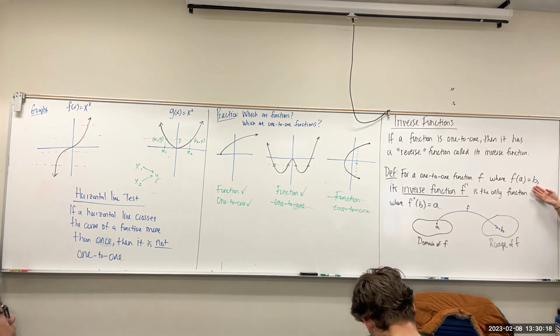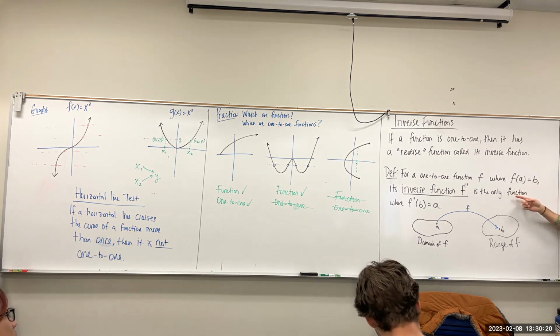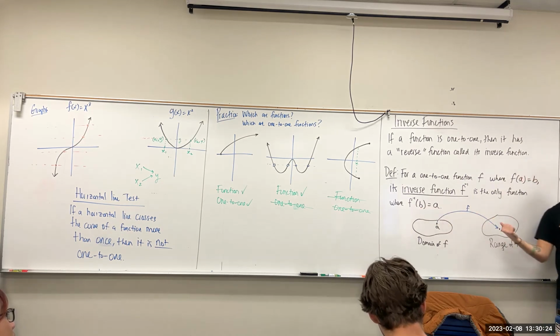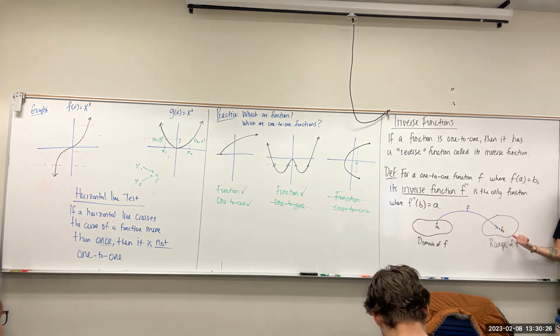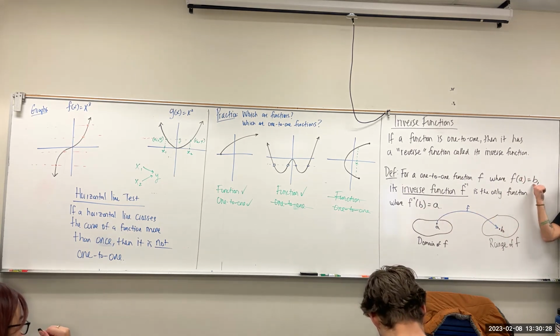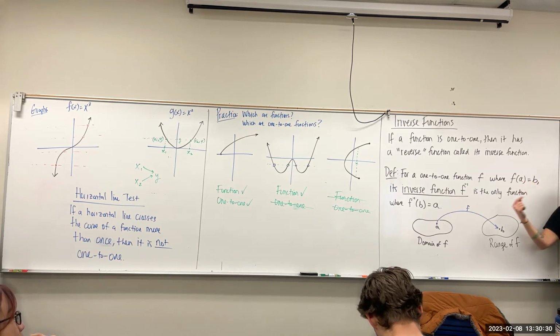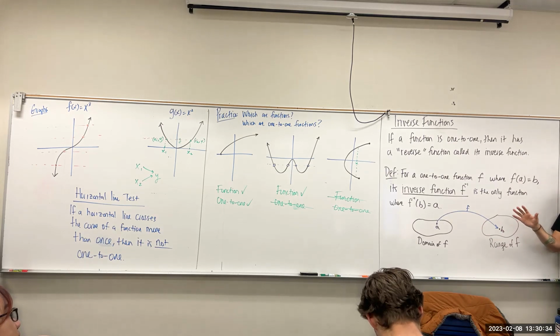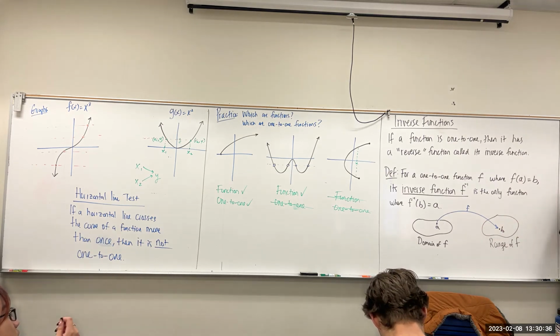Now let's look at the definition. It says the inverse is the only function that now inputs the output of F. These B's are the outputs of F, and these are the ones you're going to be plugging into the inverse. So now, where do the inputs of the inverse live?